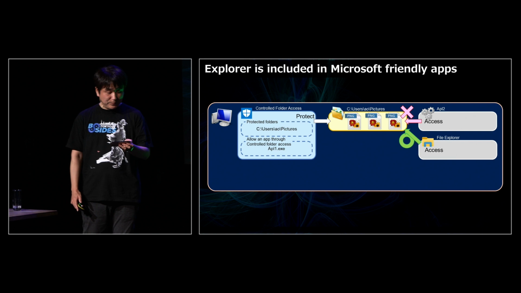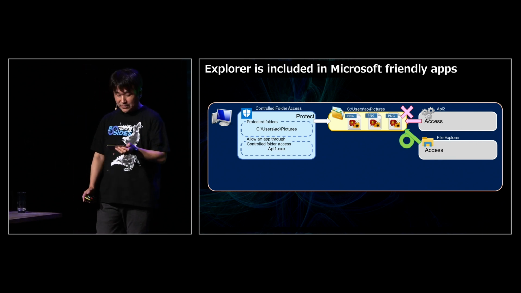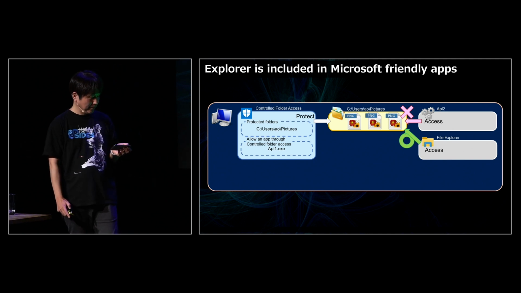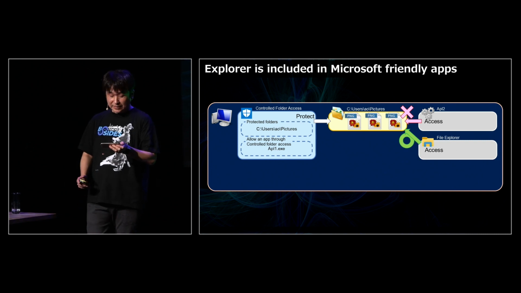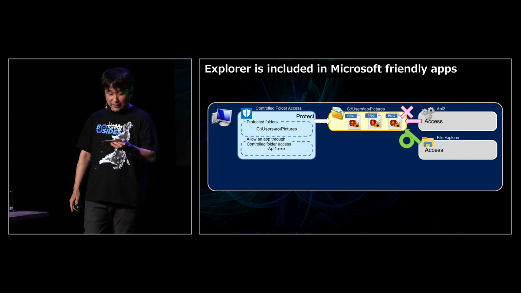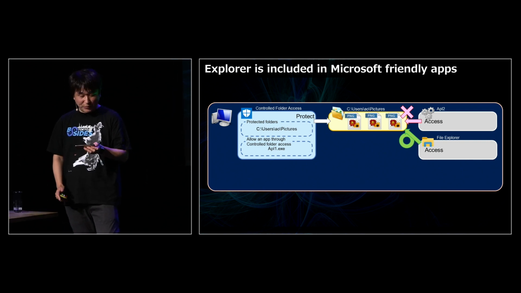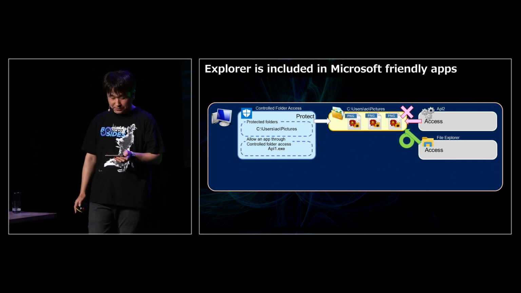However, I have found that File Explorer can access protected folders. This means that if I can somehow inject a malicious DLL into File Explorer, I can bypass the ransomware protection.